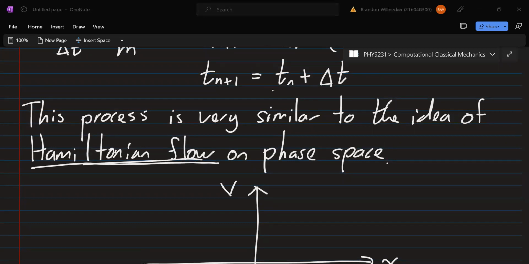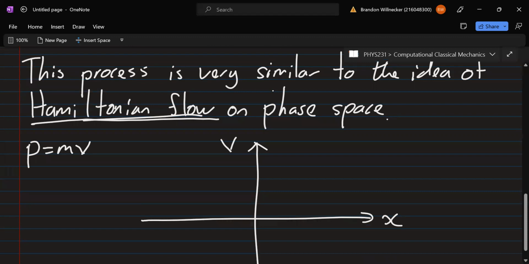Usually we speak of momentum, p equals mv, but we're working with just velocity here. So this idea of Hamiltonian flow is we start at some point, x naught, v naught. This is our initial point or the starting point of the system.